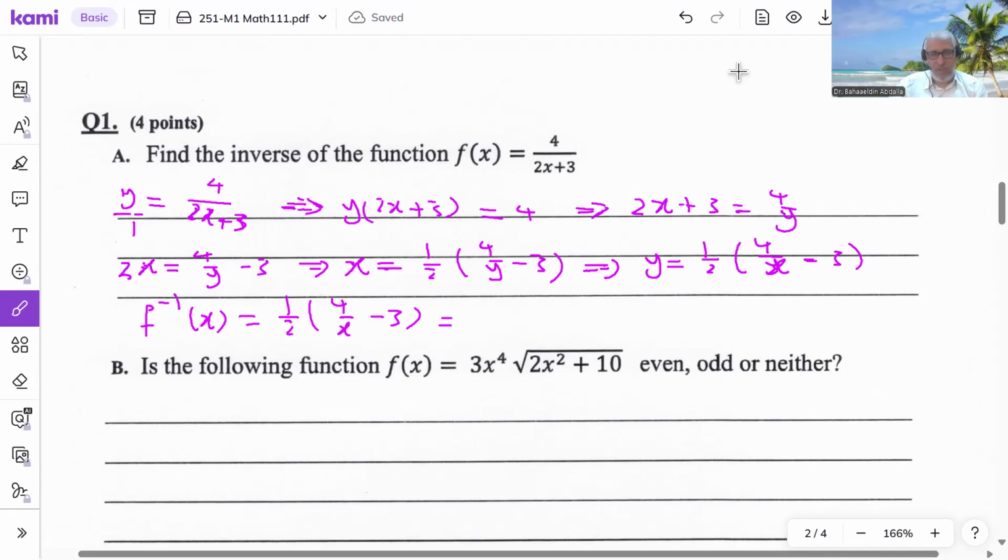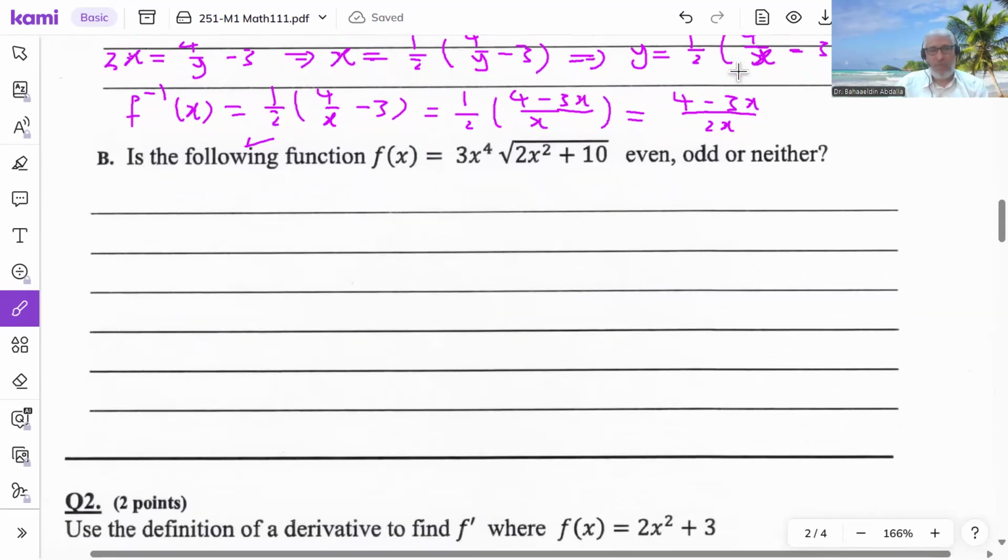This is 3 over 1, so I'll have half times 4 times 1 minus 3x, and I can multiply 2 by x. The final answer would be 4 minus 3x over 2x. This is accepted. It is not a complex fraction, and this is also okay.